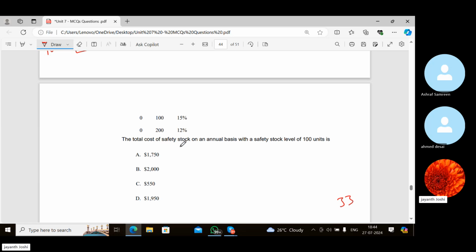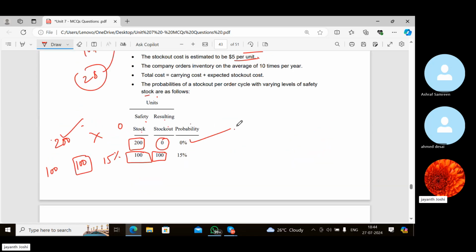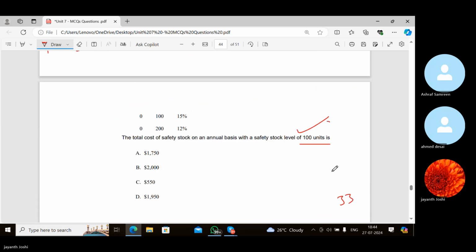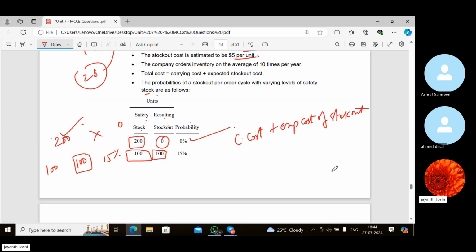So total cost of safety stock on annual basis with safety stock level of 100 units is dash. Total cost of safety stock. You should always understand what is the formula. Total cost is carrying cost plus expected cost of stock out. Now, what is the data given?